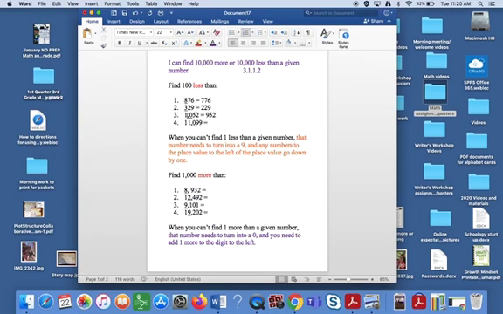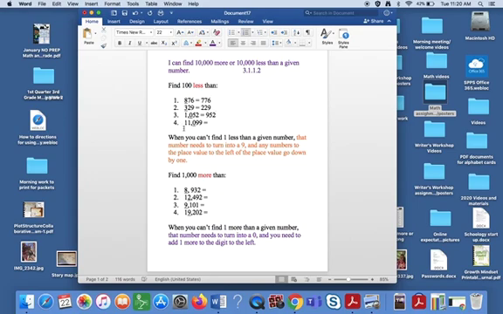So I had a 1 right here, and that's going to turn into a 0. So 100 less than 1,052 simply turns into 952, because you want to think about it as subtracting 100 from that number.